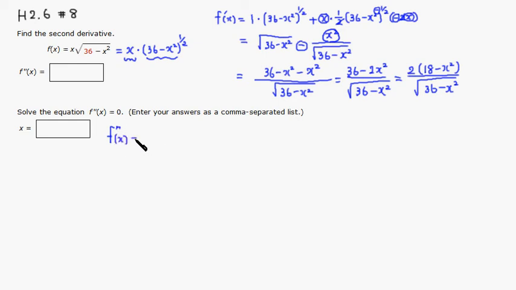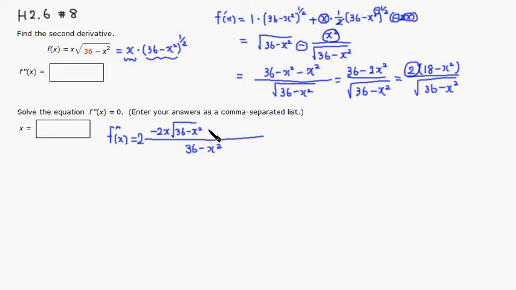So that's going to be, alright, we're going to use the quotient rule. Square the bottom, so you're going to get 36 minus x squared, right? Then 2 is just a constant multiple, so I'm going to put 2 right in front, so we don't have to worry about it. So derivative of the top is negative 2x, and then multiply by the bottom, which is square root of 36 minus x squared, right?